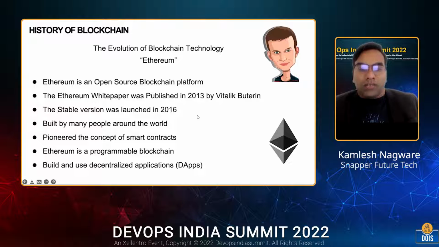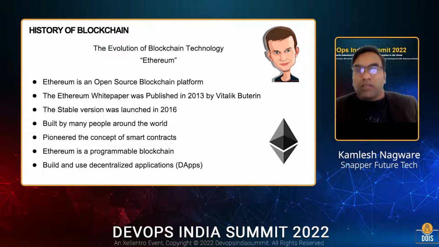Later, in 2013, Vitalik Buterin, the founder of Ethereum, one of the open source blockchains, and the open source community built the blockchain and added another feature called smart contracts, which is a very important piece for taking blockchain to the next level. Earlier you couldn't program things on a blockchain; you could just do peer-to-peer cryptocurrency transactions, which was only available in Bitcoin.